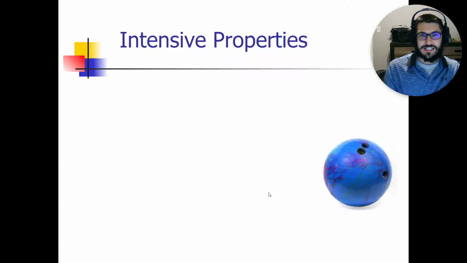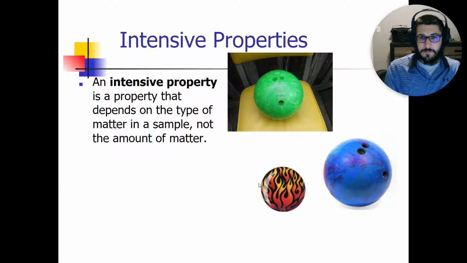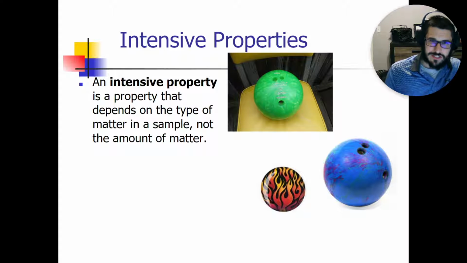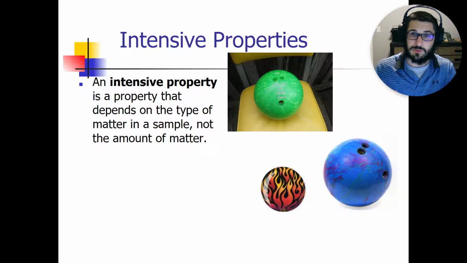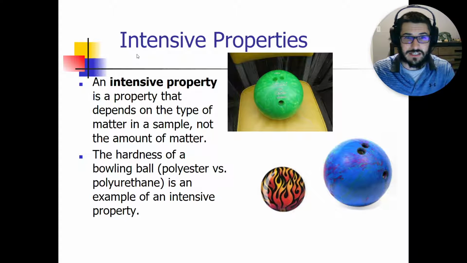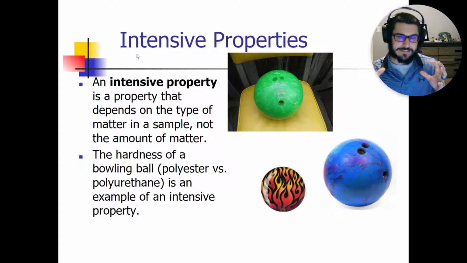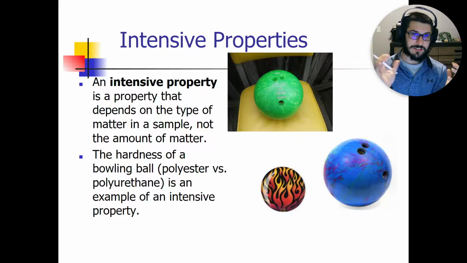Intensive properties instead are things that, like this bowling ball, they depend only on the type of matter. Only on the type of matter, and it doesn't matter at all how much you've got. So you can have a bowling ball made of either polyester or polyurethane, and it doesn't matter the size of the bowling ball.